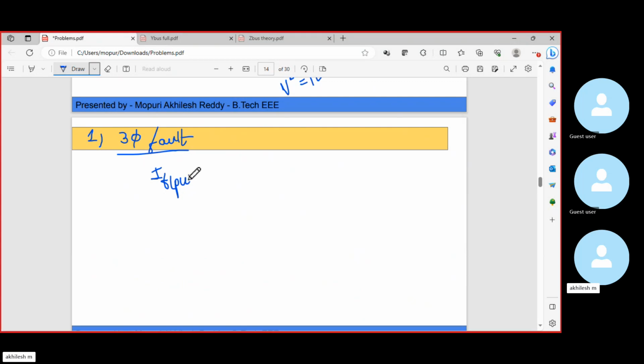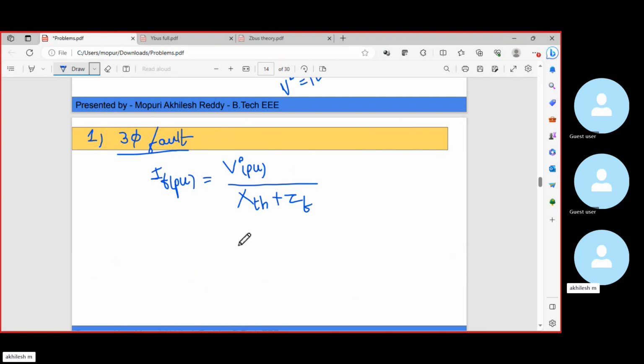IF in per unit is equal to the pre-fault voltage in per unit divided by XTH plus ZF. Now here we have found different XTH values for the zero sequence, positive sequence, and negative sequence.